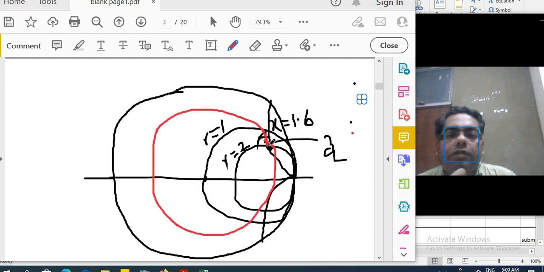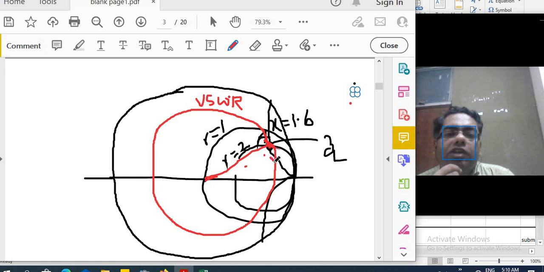This is the circle. This is the point we got. From the center we draw one radius, from center to this point, and from this we draw one circle. So this is my VSWR circle. Now on this VSWR circle, this is my load point.